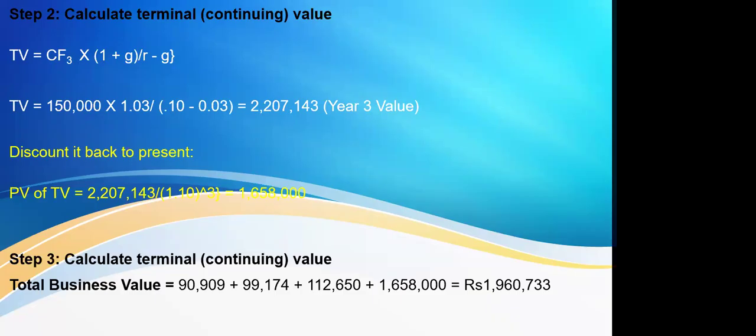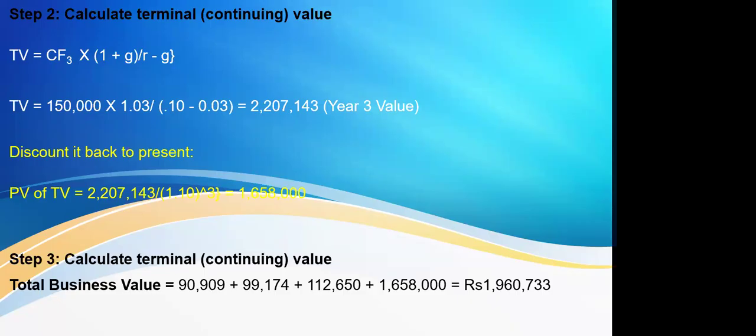Now, it is an assumption; it can't be 150,000 forever. If it is a pension without increase, or according to an agreement you are getting 150,000 forever, it's okay. But it is very unlikely that you will get 150,000 forever without growth.